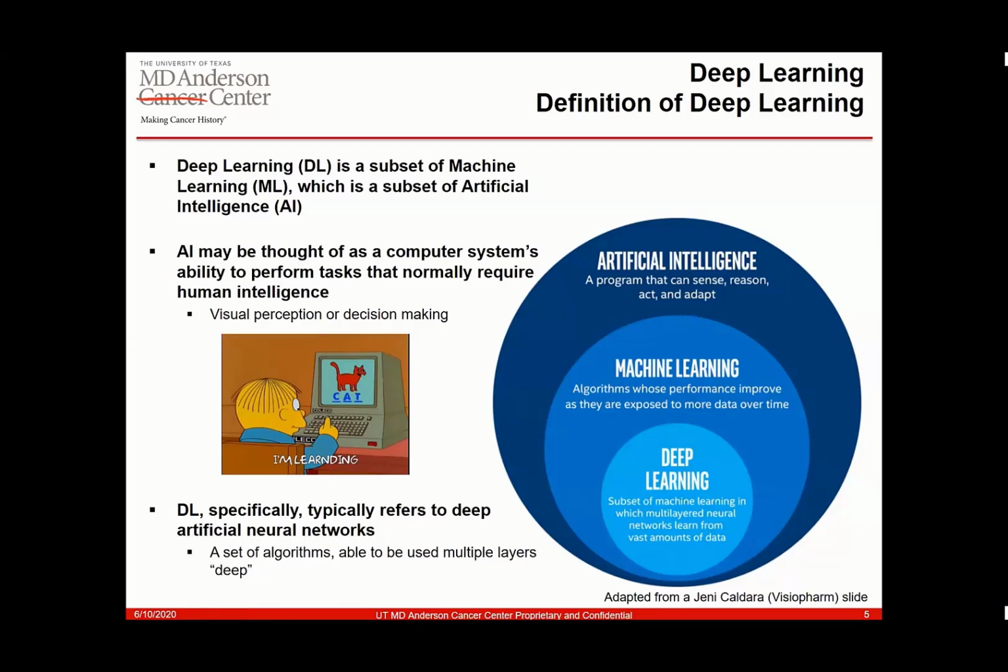And so a set of algorithms or sets of rules, essentially, that are multiple layers deep that allow a computer, upon certain types of training, to make decisions.